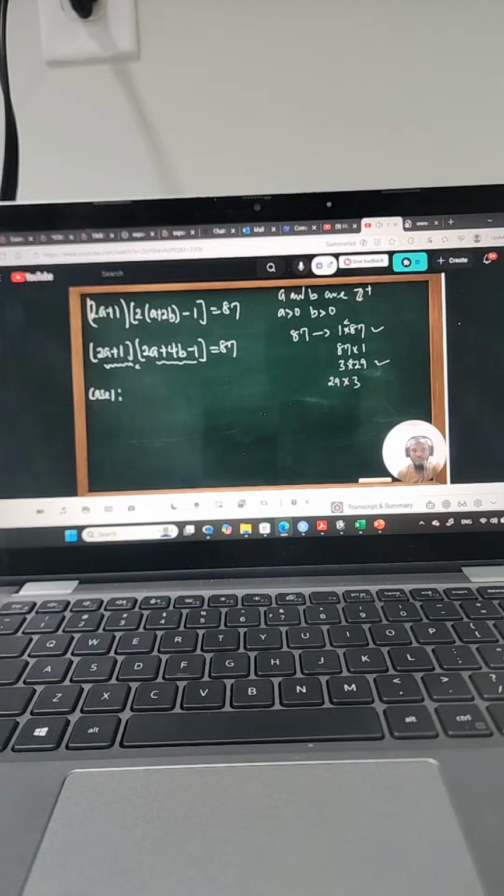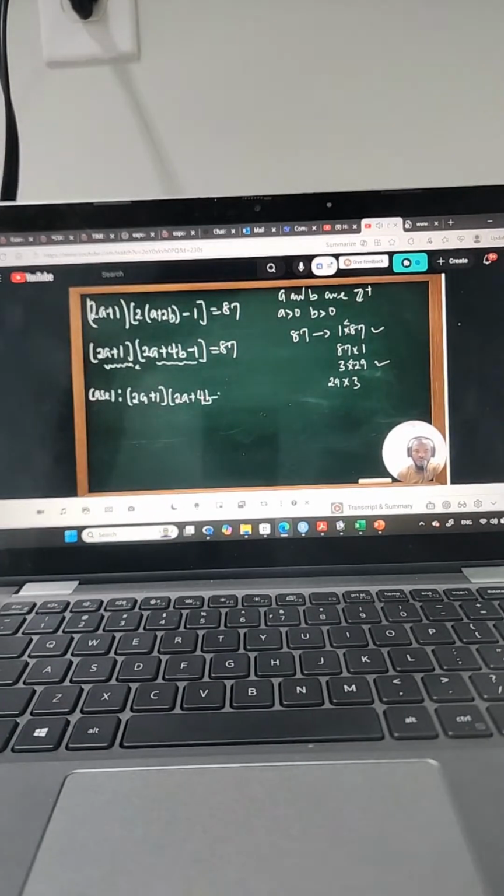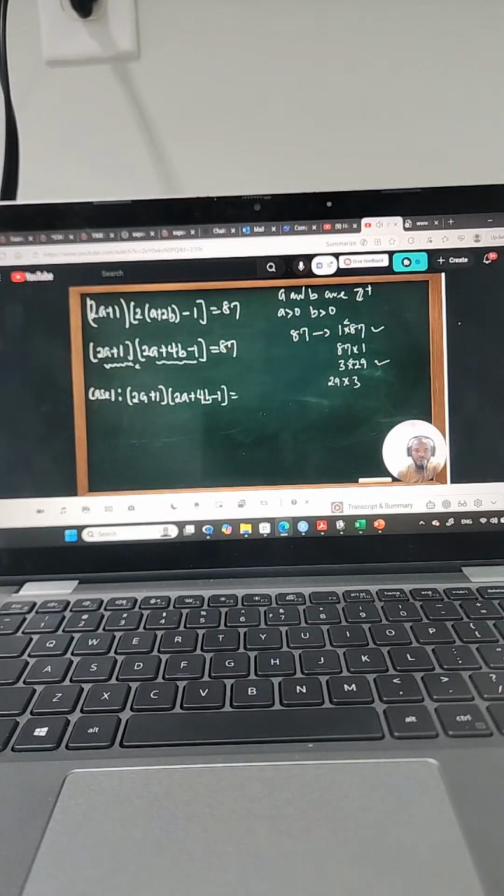Case 1 is when we have 1 times 87. So this given equation is going to be 2a plus 1, 2a plus 4b minus 1 equals to 1 times 87.